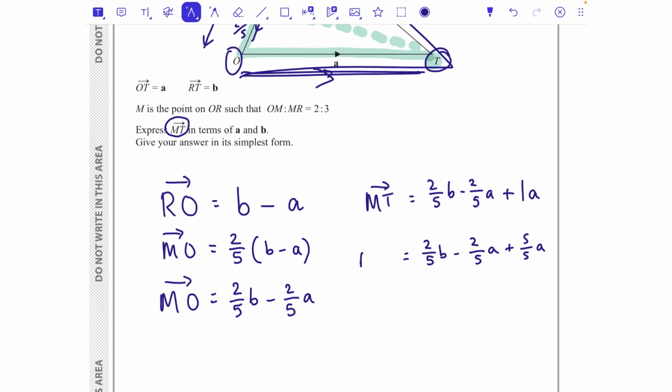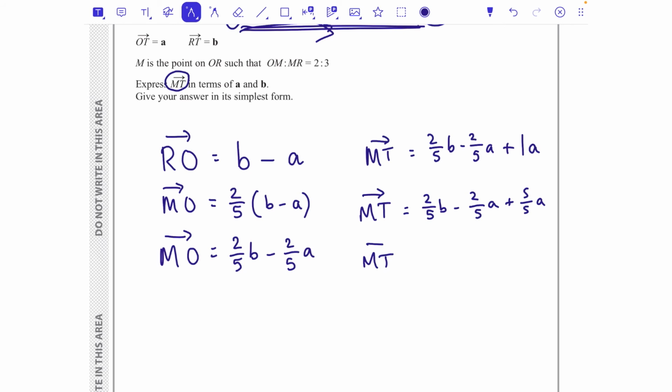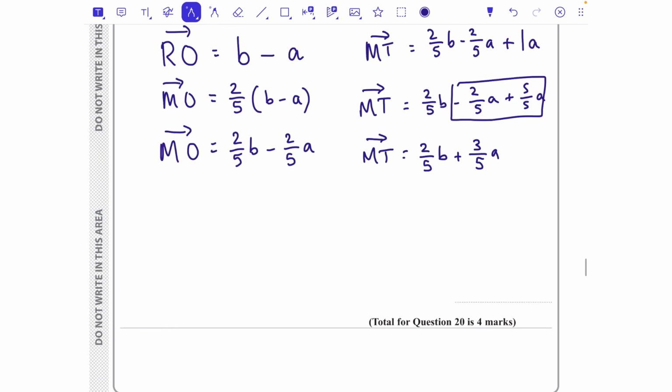So M to T, which is what they want, is 2/5 B, and then I've got minus 2/5 A, add 5/5 A, which is going to get me up to positive 3/5 A, and you can write that either way round. 2/5 B, add 3/5 A would be your final answer.